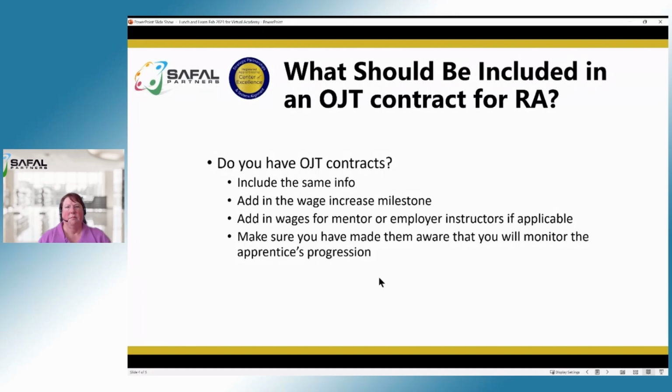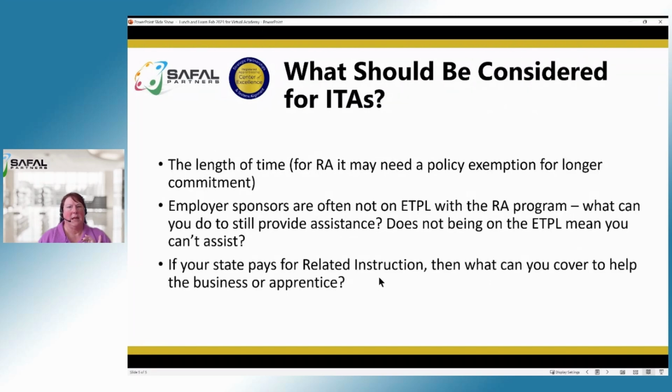Okay. You can keep asking any questions you want to as well, whether it's on the OJT or something else. But I'm going to take us to our next part. So, ITAs, because with registered apprenticeship, ITAs are different, right? Some of our registered apprenticeships are getting shorter in the length of time they take, like maybe only 18 months or 2 years.